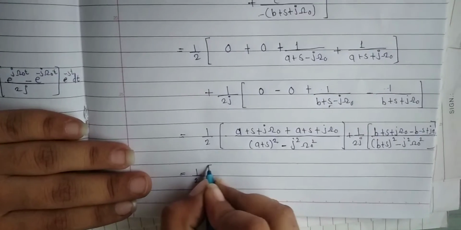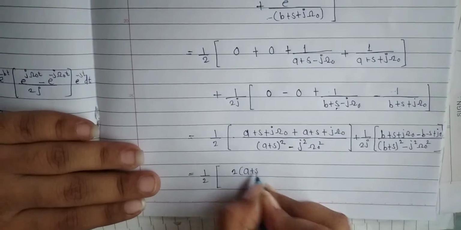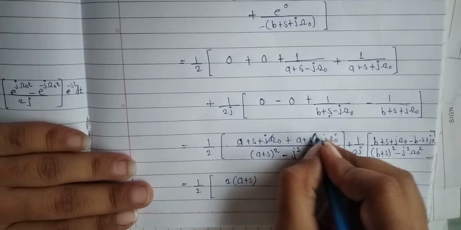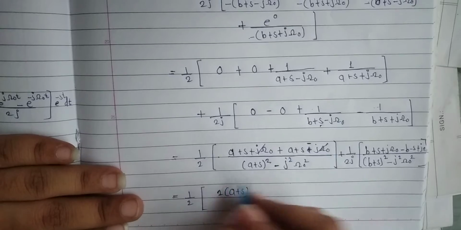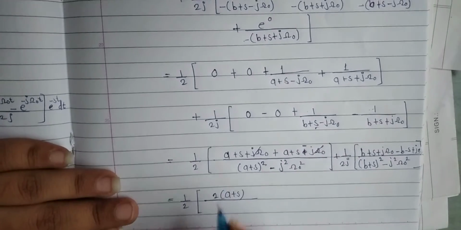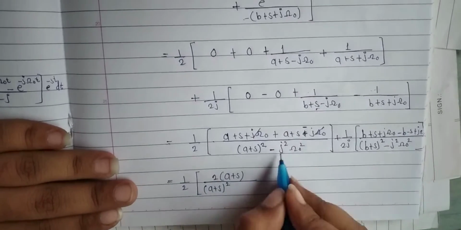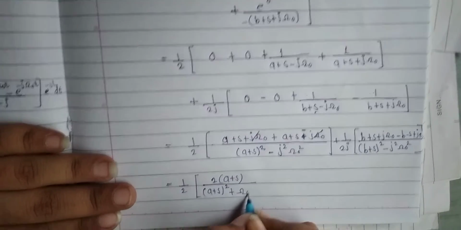So it becomes half in bracket 2 in bracket a plus s, j omega naught minus j omega naught get cancelled, divided by (a plus s) whole square. The value of j square is minus 1, so it becomes plus omega naught square.